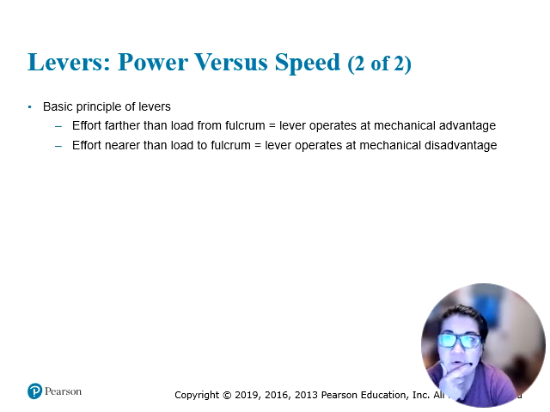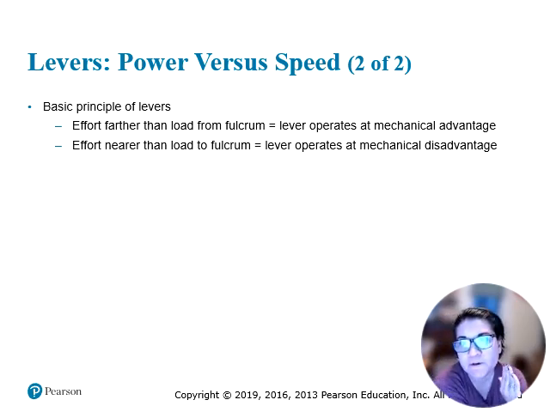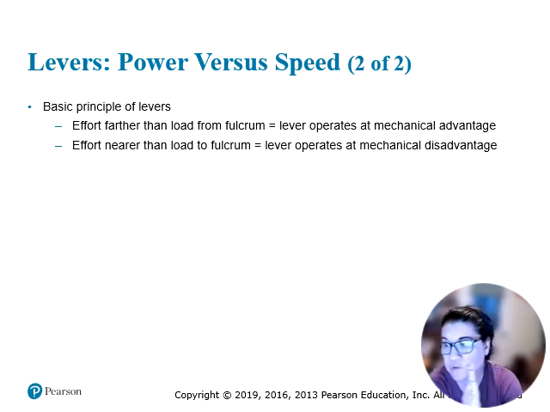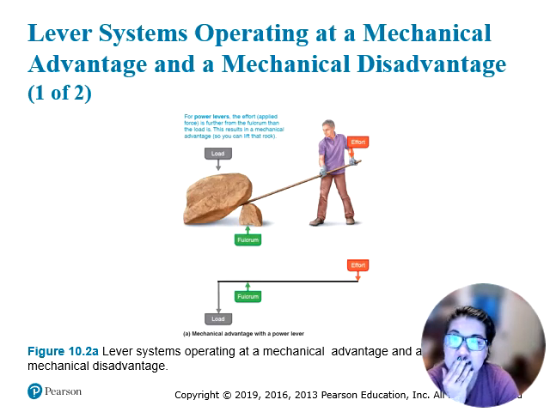Okay, so if your effort is farther from the load and you have more torque, you're going to have a mechanical advantage. And if you're closer to the fulcrum, you're going to have a mechanical disadvantage. So here is the fulcrum on a typical lever.